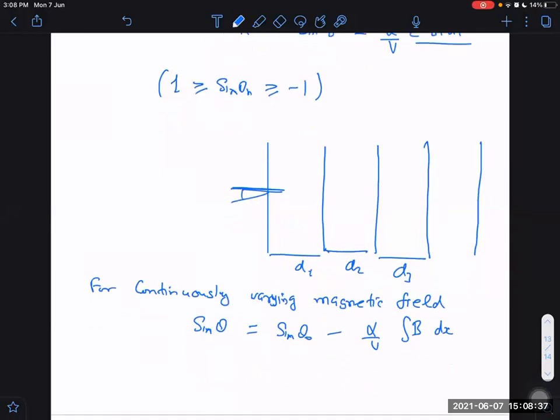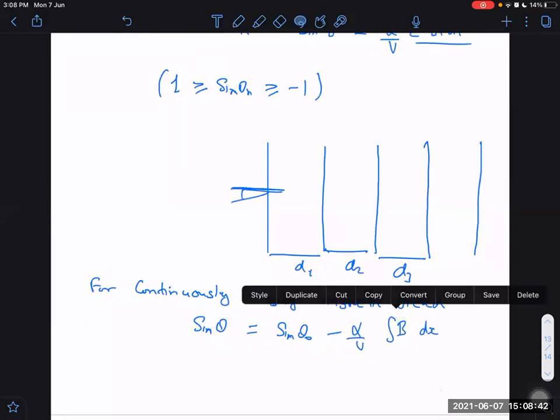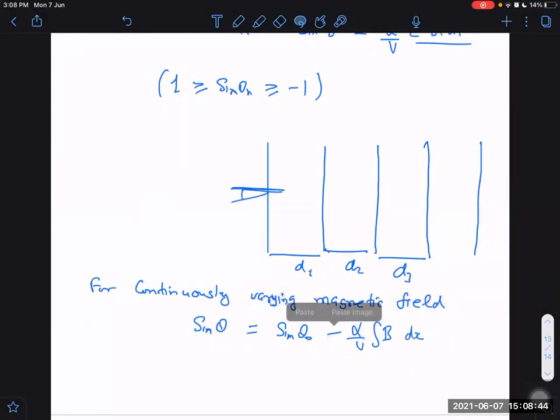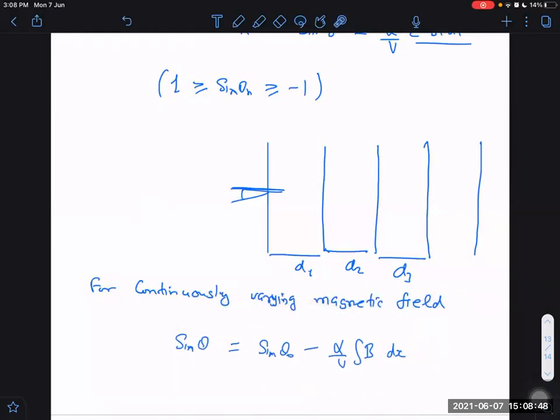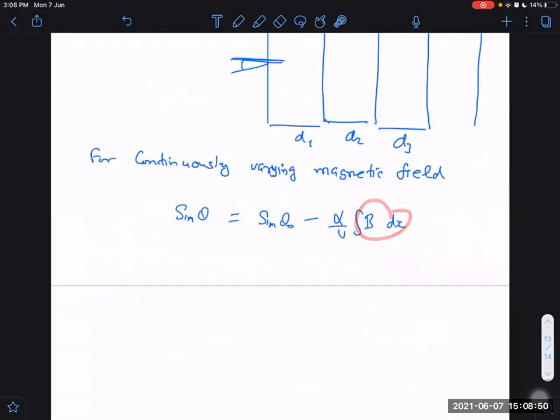And you are right. In this case, we can keep sine theta as +1 or -1, depending upon the physical situation. You can analyze whether this field is making it turn clockwise or anti-clockwise.